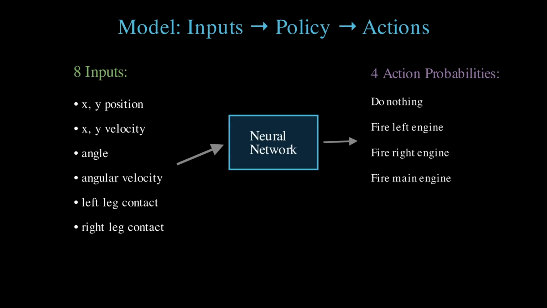More specifically, it will output a probability for each of those actions, which we will use to decide on actions later on. The model will continually receive rewards on its performance, and the goal is to make the model output probabilities for actions that maximizes the total amount of reward.